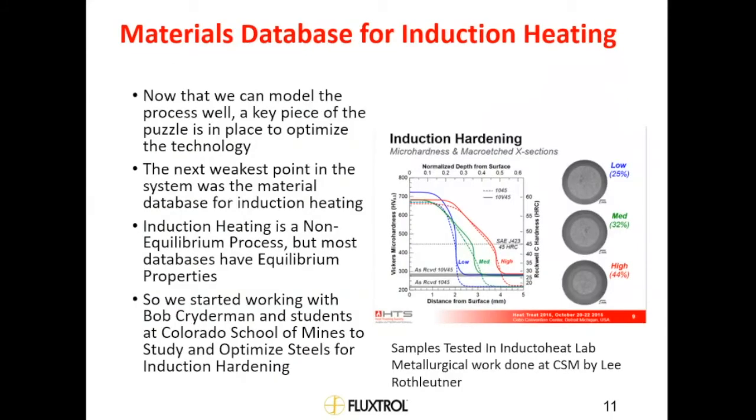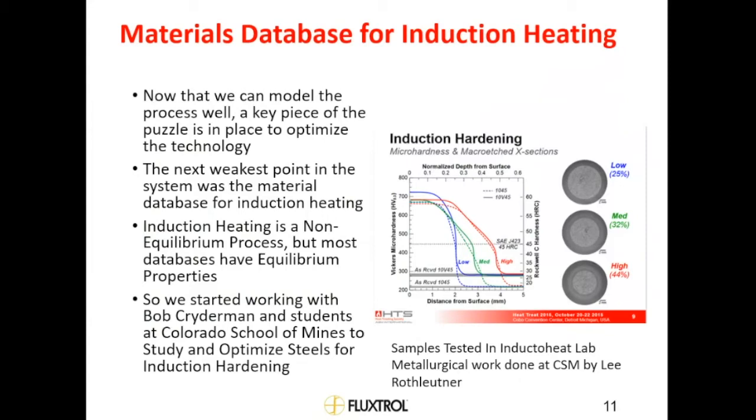So with the materials databases for induction heating, we talked about how some of these things are dependent on the structure. And we need to understand how the steel will respond to these rapid non-equilibrium thermal processes. Because all the databases, or most of the databases, have equilibrium properties.